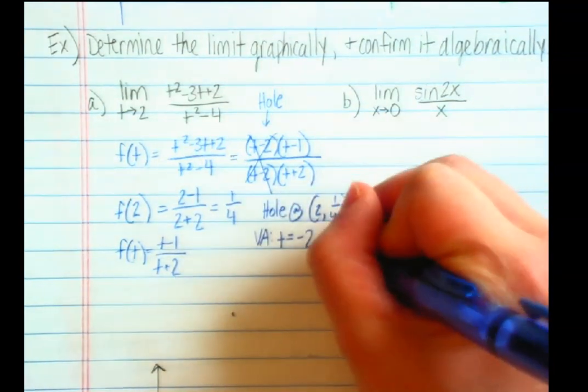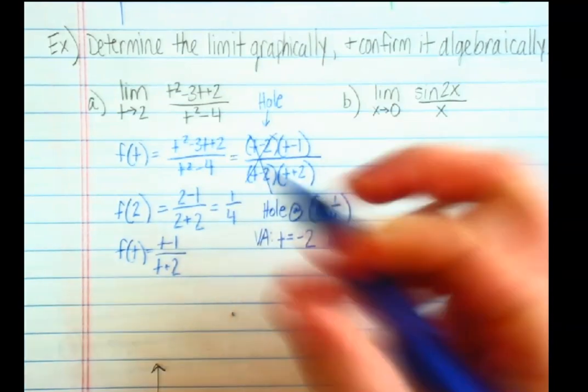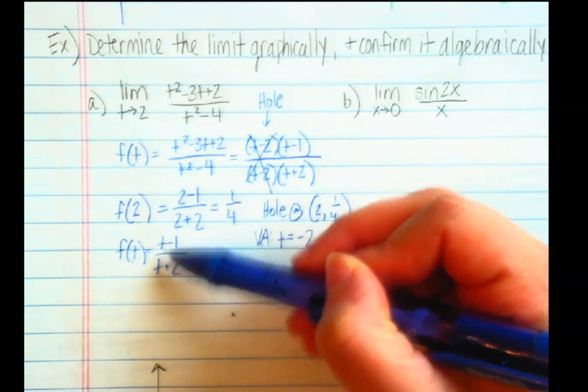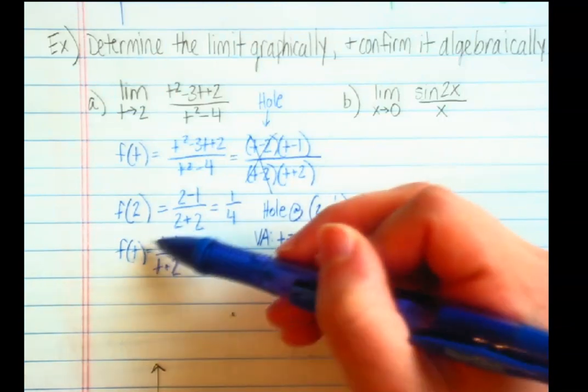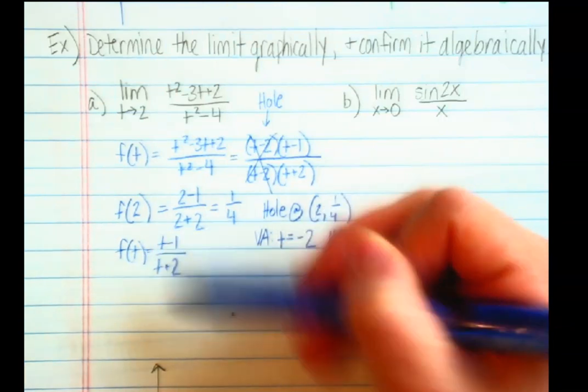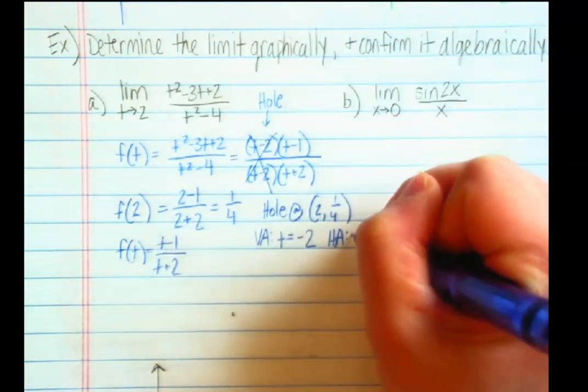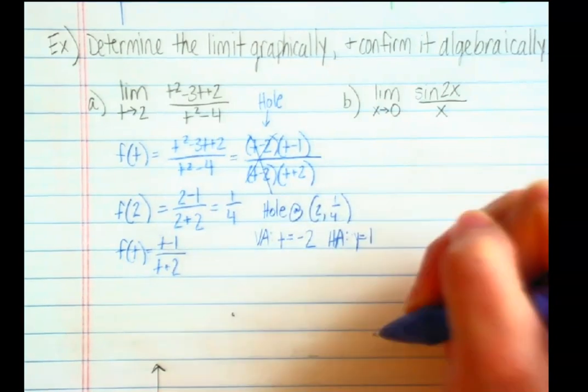The horizontal asymptote, because this is the same degree on the top as on the bottom, t to the first, means you just take the coefficients of each and divide them. So that'd be 1 divided by 1, which would be y equals 1.